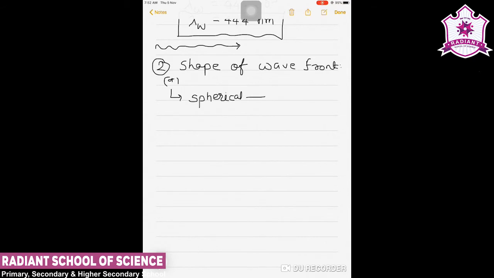Because the source is a point, the shape will be spherical. Now in the second case, it is given that light emerging out of a convex lens when a point source is placed at its focus. Obviously the answer is again very clear.